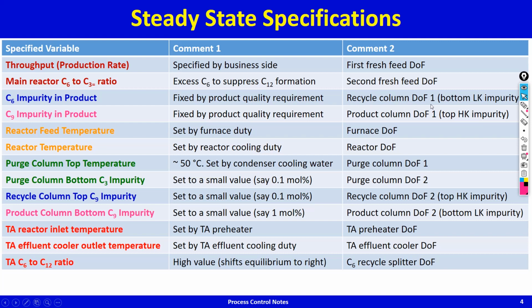Each column has 2 degrees of freedom. So one of the degrees of freedom of the recycle column gets exhausted in ensuring the C6 impurity level in the product. Ensuring the C9 impurity level in the product exhausts one of the degrees of freedom of the product column.